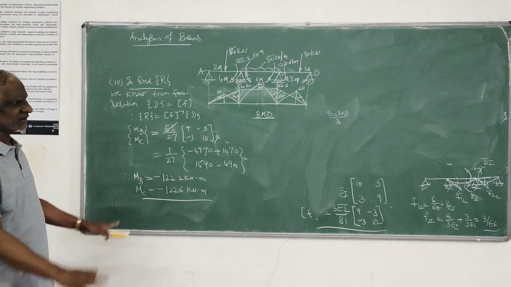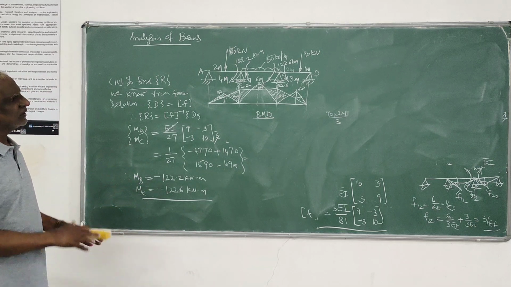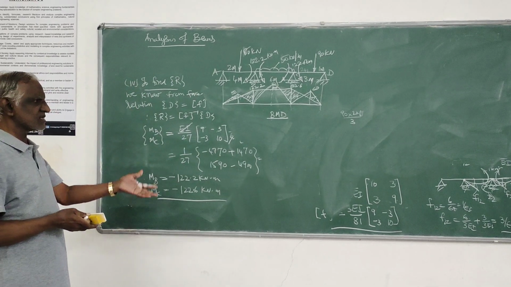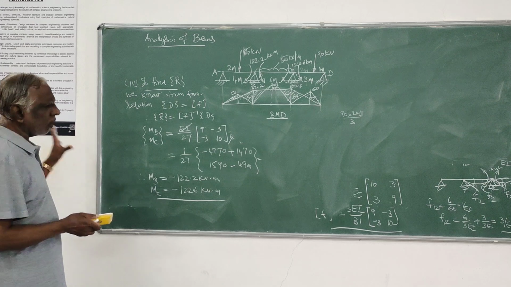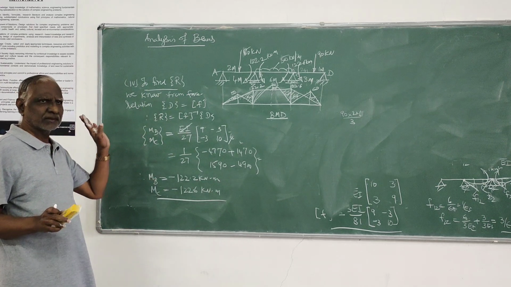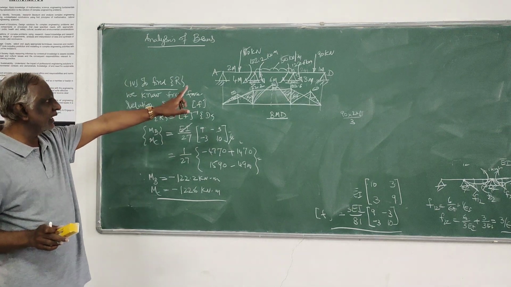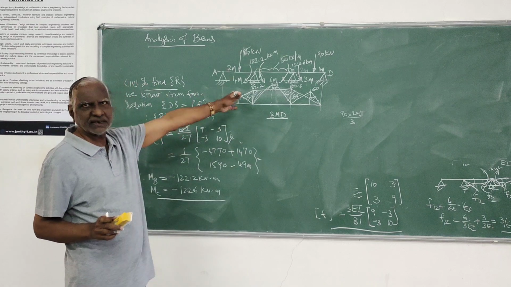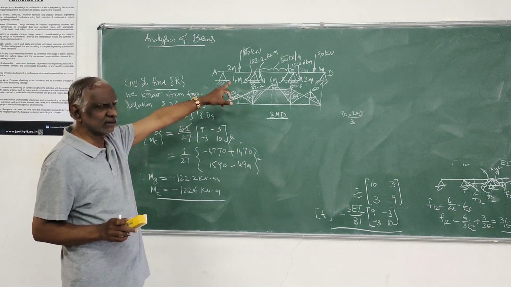So with this much calculation, we have completed the entire process of analysis. In all continuous beams, you follow these steps only. Always you select the redundant as the support moment, that is the continuous joint support moment.